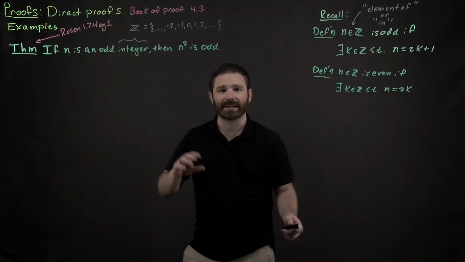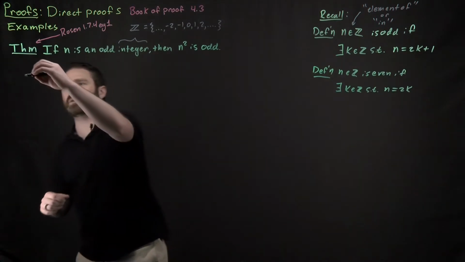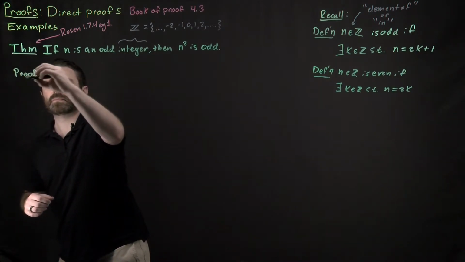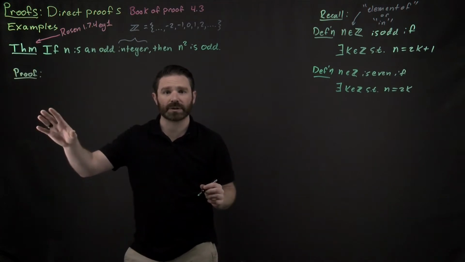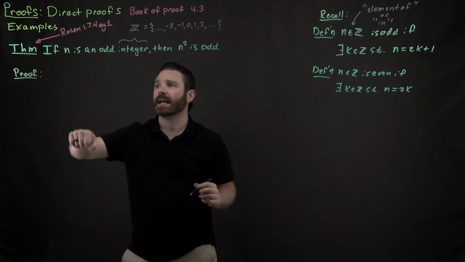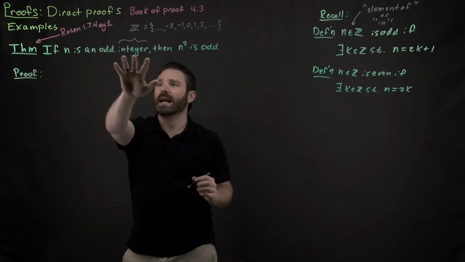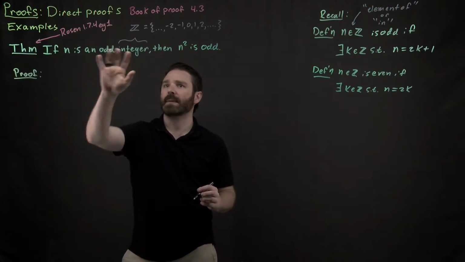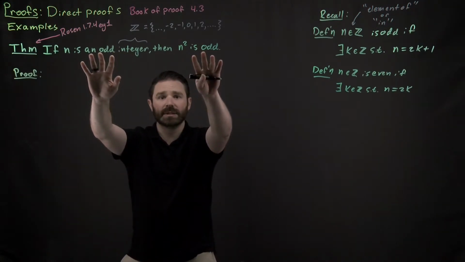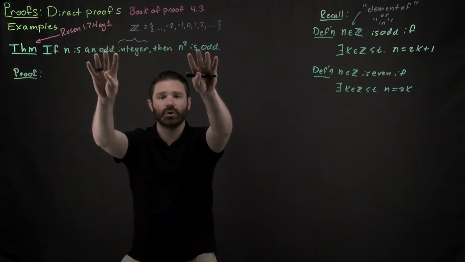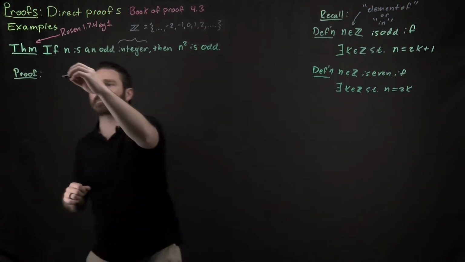So let's dive right into the proof of this theorem. Recall the very first step of our direct proof technique is that we assume the hypothesis. This is a P implies Q statement, so we're going to assume the P part.